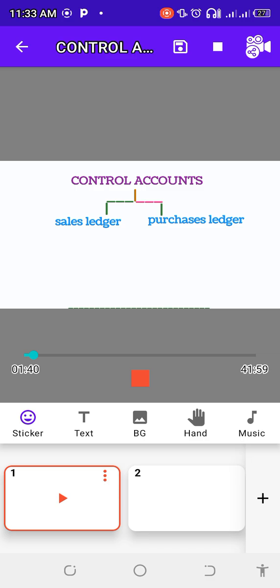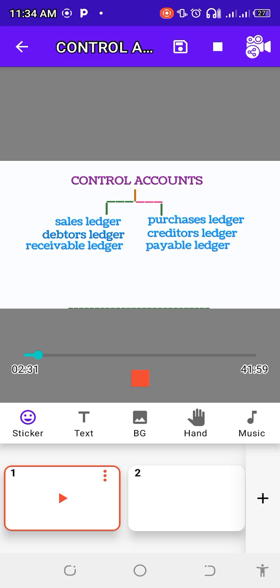The sales ledger control account is also called the debtor ledger control account, or the receivable ledger control account, while the purchases ledger control account is also called the creditor ledger control account, or the payable ledger control account.